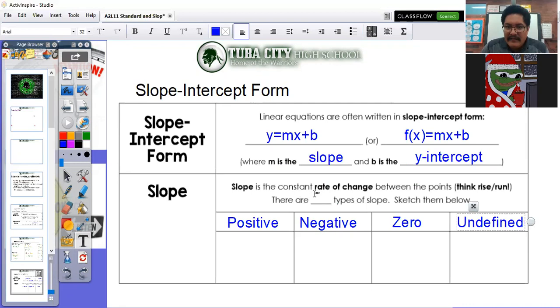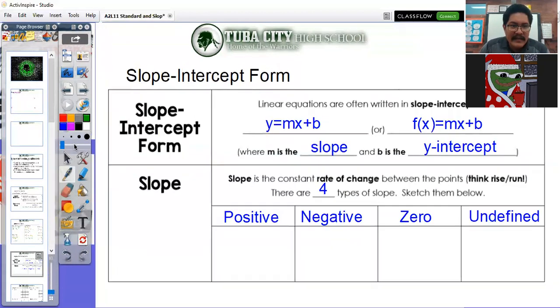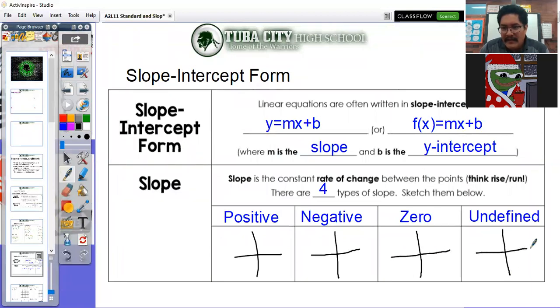So here we have different kinds of slopes. Well, four kinds of slopes. And I just got done writing all of them while I was talking about the way to remember y equals mx plus b. So there's positive slope. And like I was saying, if I were to have a graph for each of these, all right, these are not the best graphs, but hopefully they'll be enough to help you understand the point.